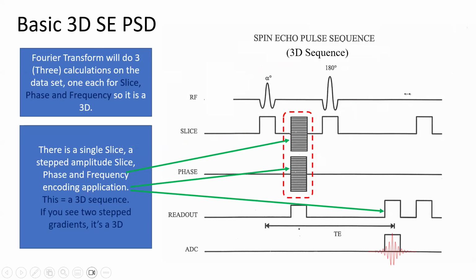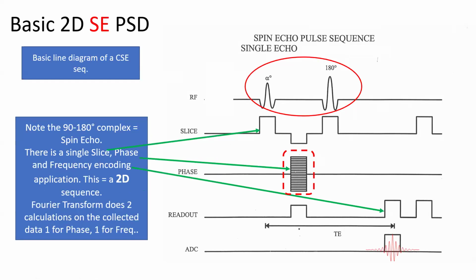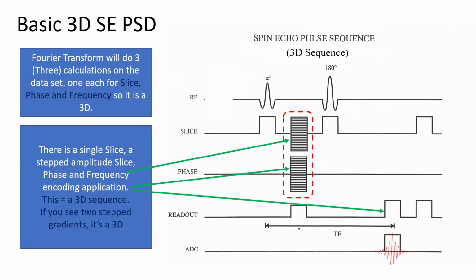If you see a line diagram like this and you go, oh crap, there's two of those things, good. Two means 3D. One means 2D, two means 3D. Fourier transform will do calculations on slice, phase, and frequency or readout. So that's 3D. There's a lot of 3D sequences out there nowadays.